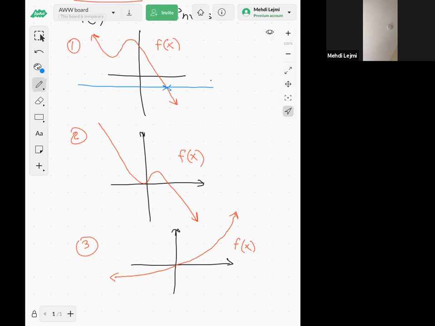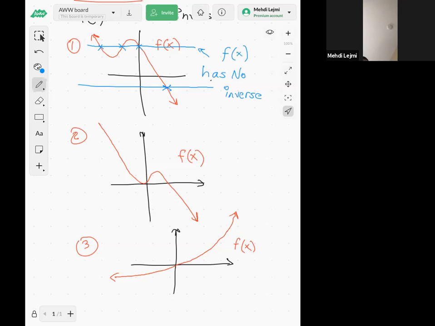But if you try this horizontal line at the top, it would intersect the graph at 3 different points, more than 1 point. So because of this horizontal line, this f of x has no inverse.